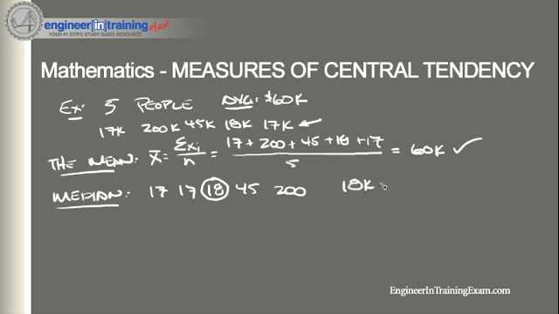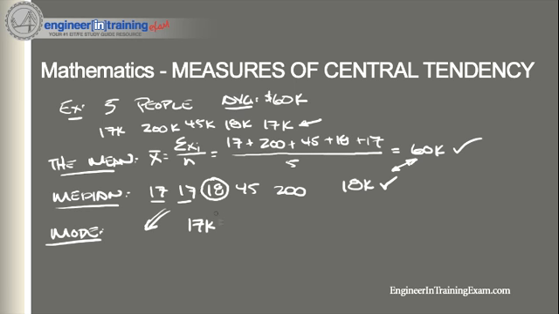Now we see that we have a bit of discrepancy from what the recruiter's telling us and what is actually true. So let's look at the mode. Once again, we put our list into order. 17 is the most frequently seen observation in this list, so 17K is going to be our mode.